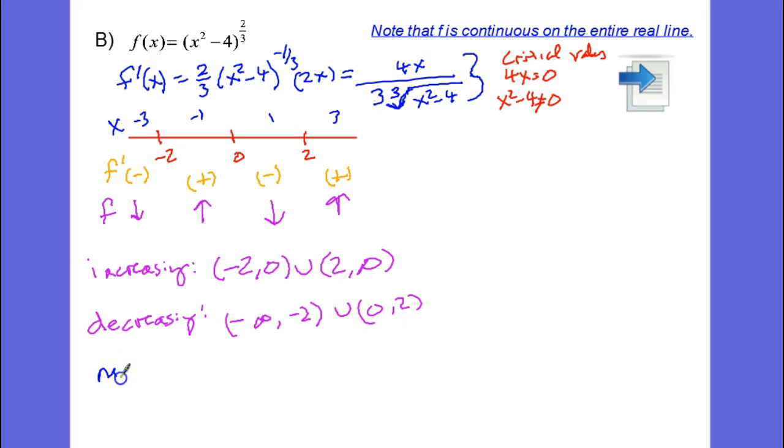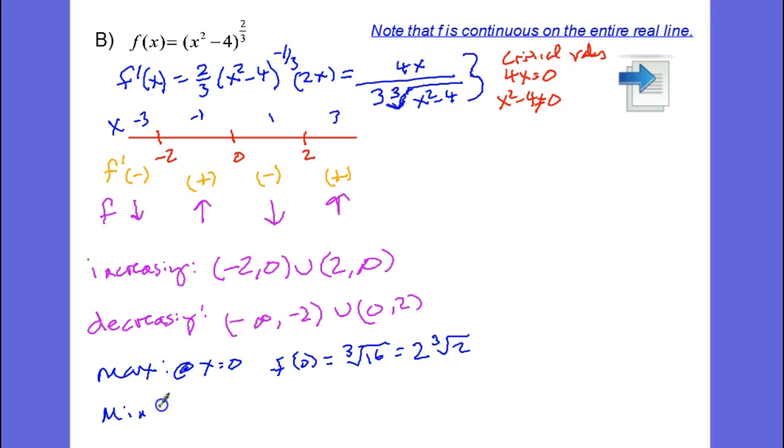All right, now let's check out our maxes and mins. So we're going to have a max when we go from positive to negative, or increasing to decreasing. So that's going to be at x equals 0. And so we want to find out what f of 0 is. And f of 0 is the cube root of 16. And if you want to simplify your radicals, that's 2 cube root of 2.